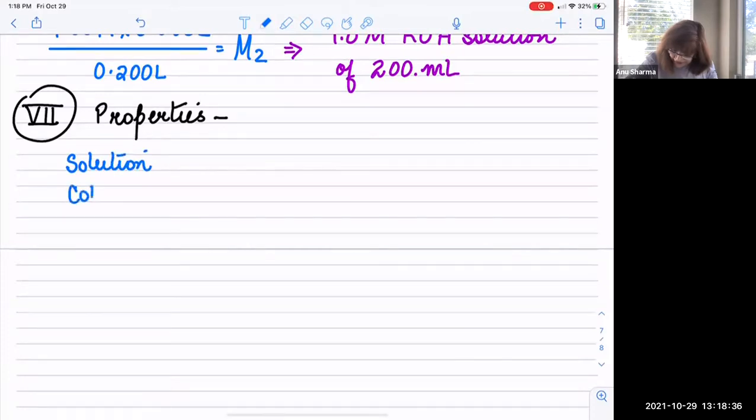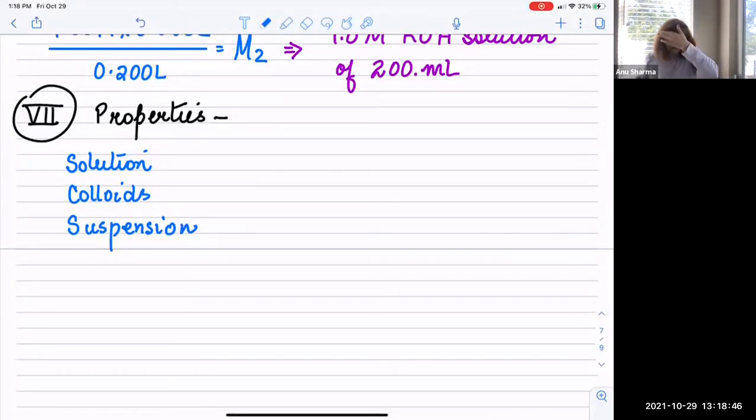Then there are solutes that, when they mix, can also form colloids, and they can also form suspensions. So the whole thing here is the size of the solute particles.